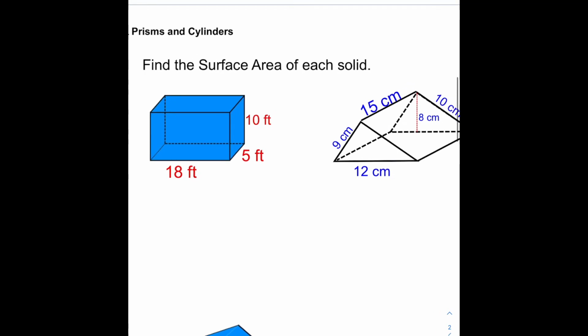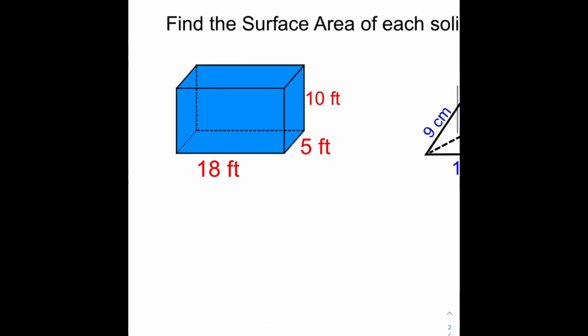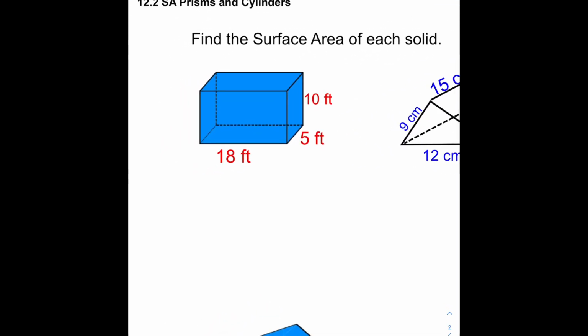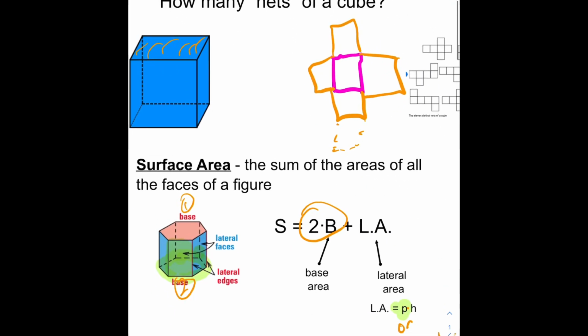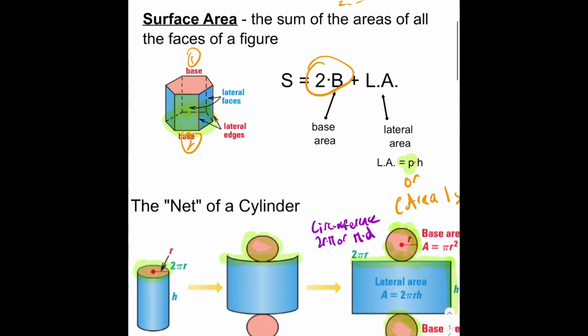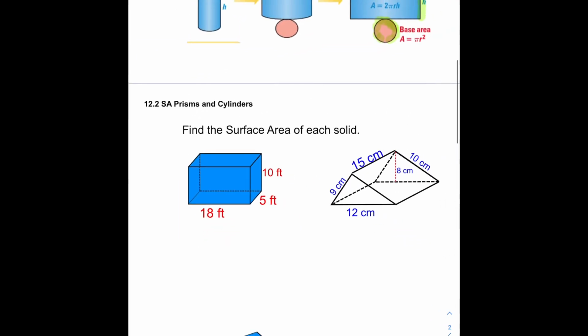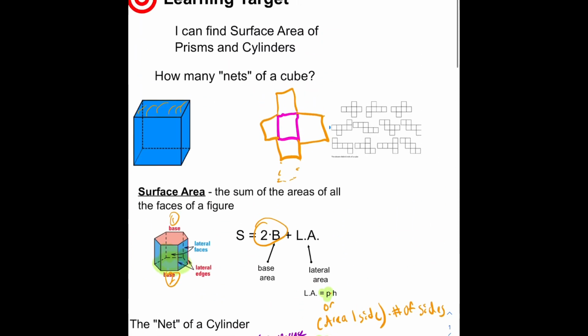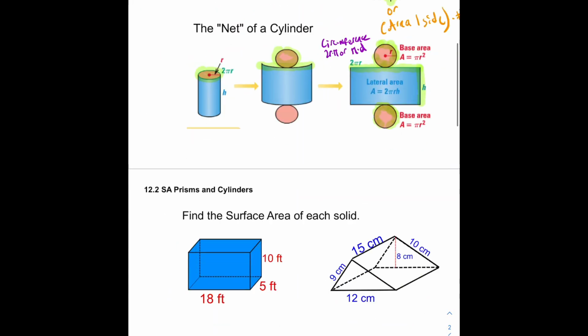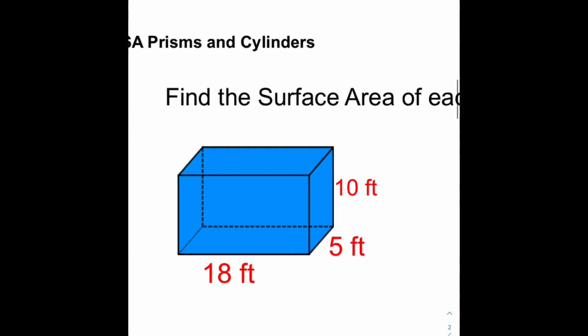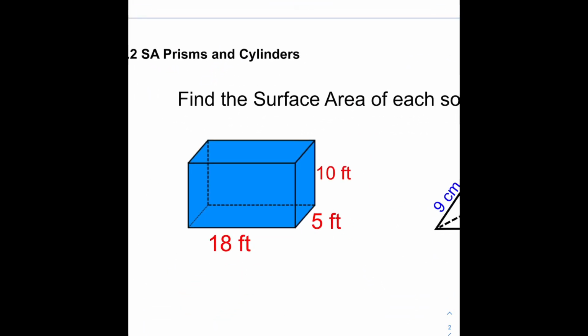Find the surface area of each solid. So again, what am I going to do here? I'm going to find the lateral area, and then I'm going to multiply it by my 2 bases. Again, how I like to think about these is I have these set of sides that are going to be the same.